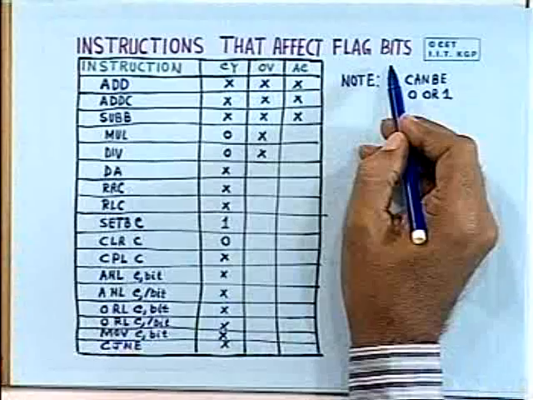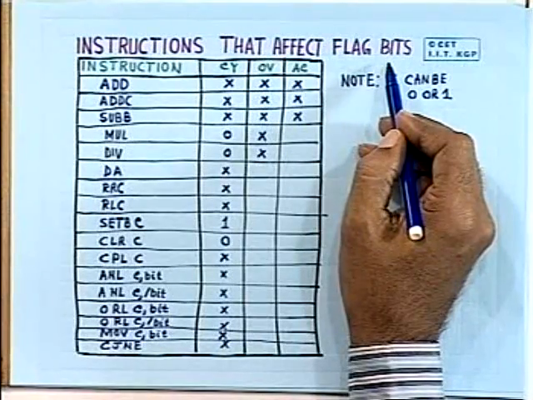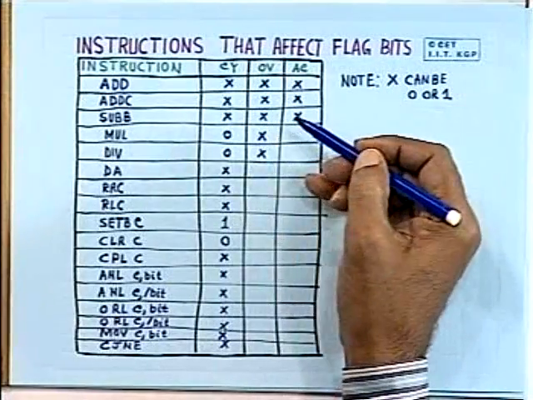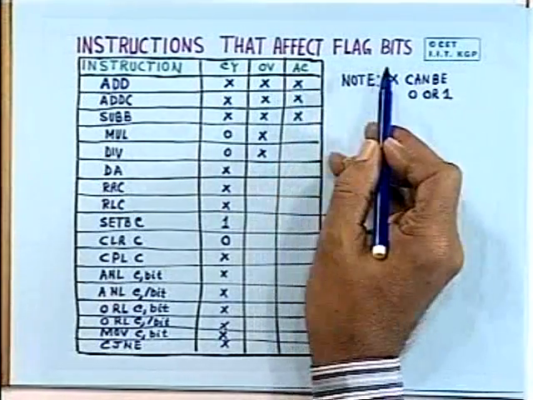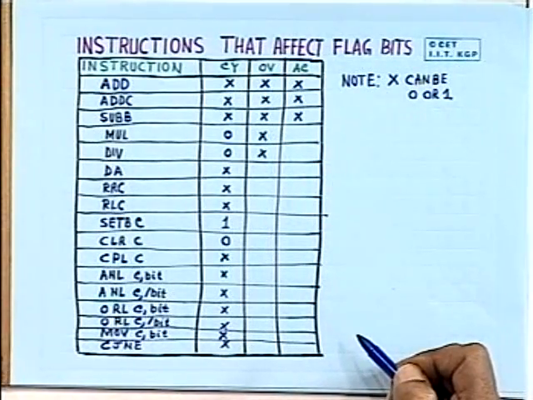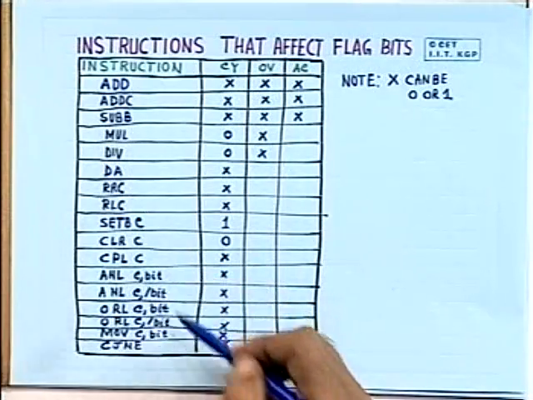Now, before I complete our discussion on arithmetic operations, I should also discuss the various flag bits which are affected inside the processor because of the execution of various arithmetic operations. As you can see here, the flag bits are affected only when you execute the arithmetic operations, and also some logical operations.